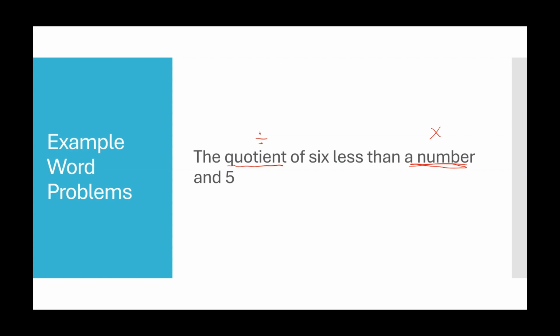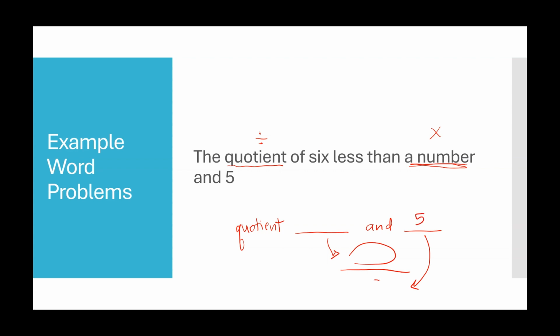When you see quotient or product or even sometimes sum and difference, see quotient of something and something, those are the two things that are going to go into your division problem, right? It's like this divided by this. So for our purposes here, we know that we have the quotient of 6 less than a number and 5.